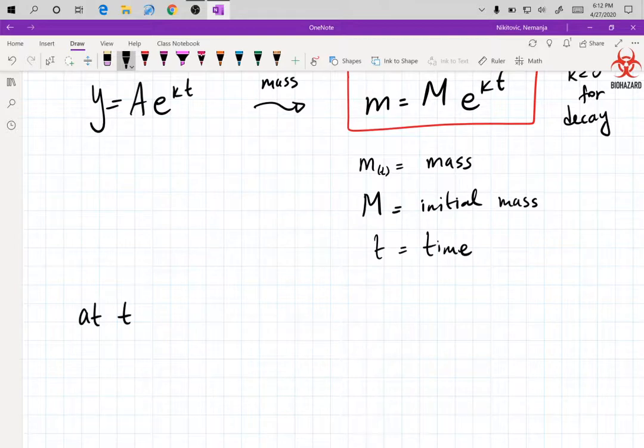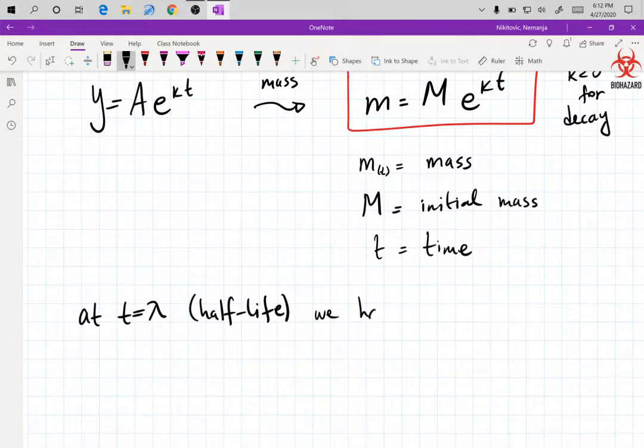So at t equals lambda, half-life, we have mass equal to initial mass divided by 2. That's the definition. What's happening at the time of the half-life? Your original mass decayed halfway. So whatever is decaying, it lost half of its mass.